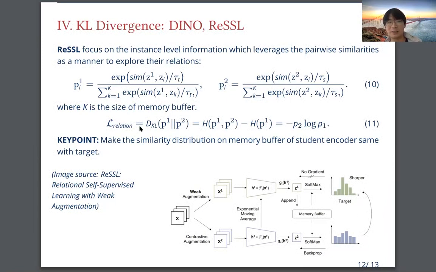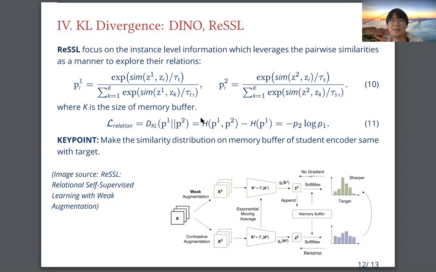After this, they try to make the distributions of these two encoders the same as each other by minimizing the KL divergence.